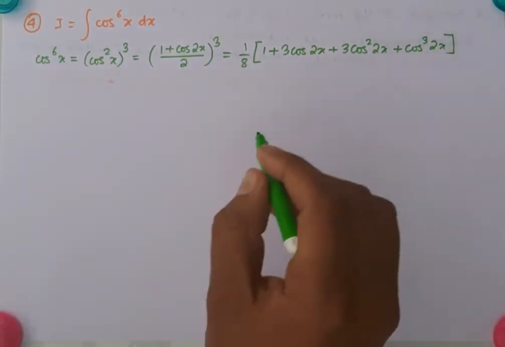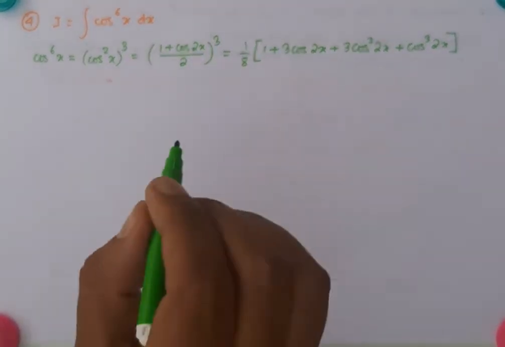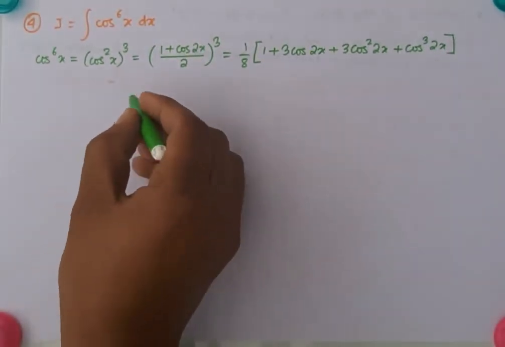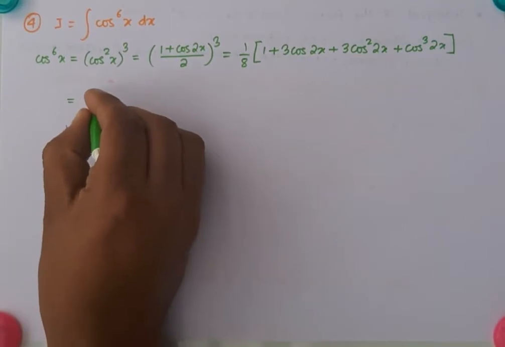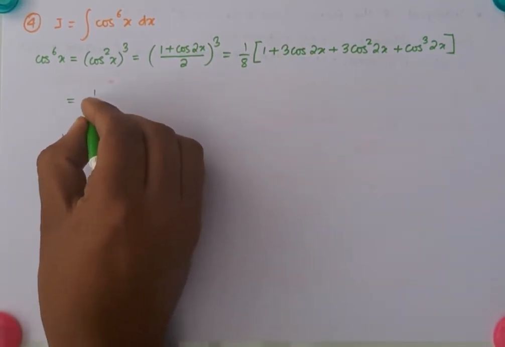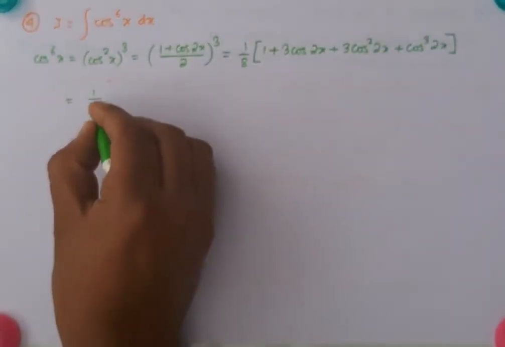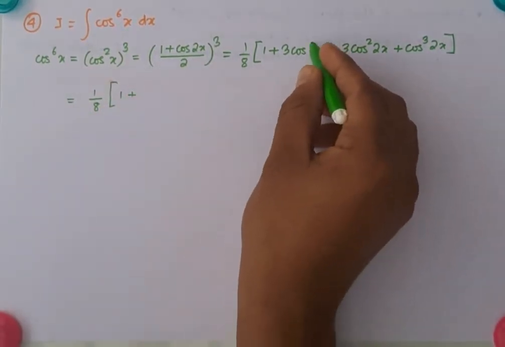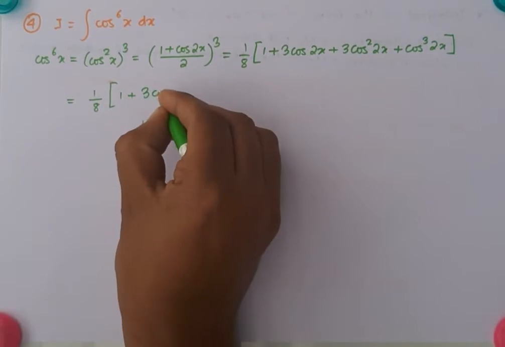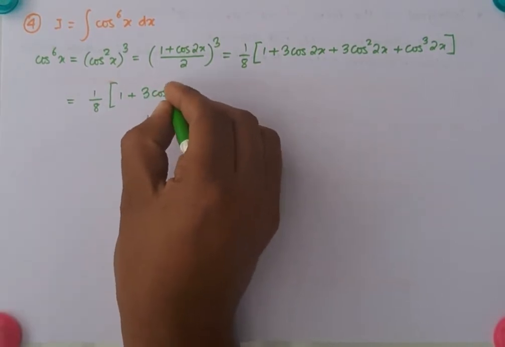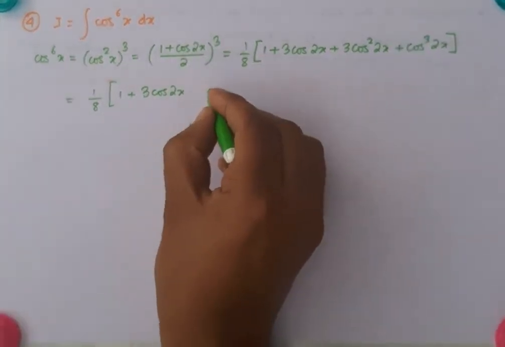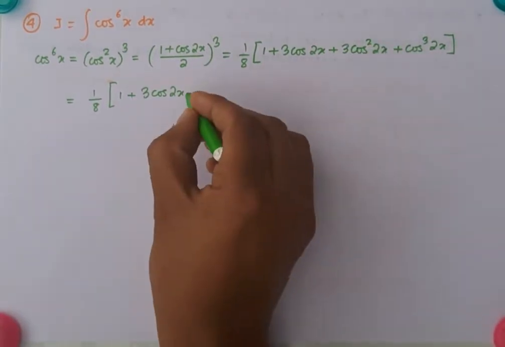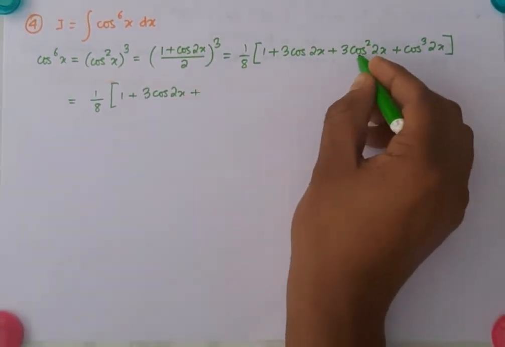Again you have to go to your class 11 trigonometric formulas and see the respective formula. So we have 1 by 8 (1 plus ...). I'm leaving this as it is, we don't have to do anything here. You know what we did when we had cos square earlier?